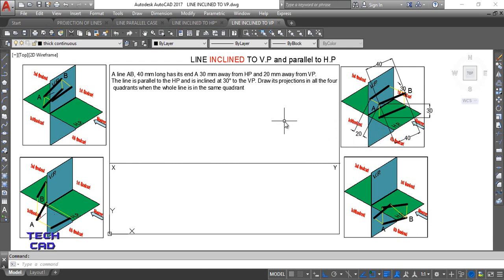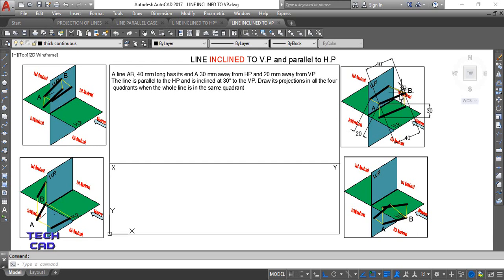Okay, so in the question it is not given above HP and in front of VP, because the examiner wants you to make this line in all the four quadrants. That's why it only gives you a distance from HP and VP. So if I make my line in the first quadrant, I'll take it like this: above HP 30 mm and in front of VP 20 mm, my end A.